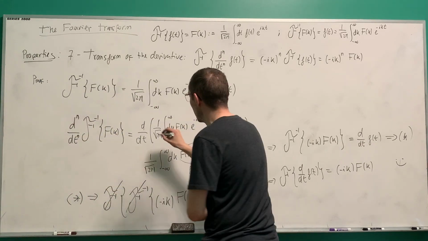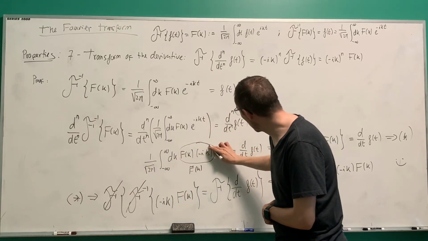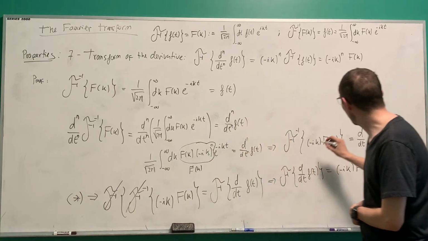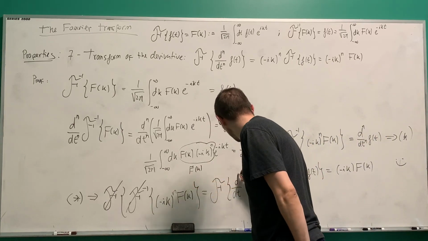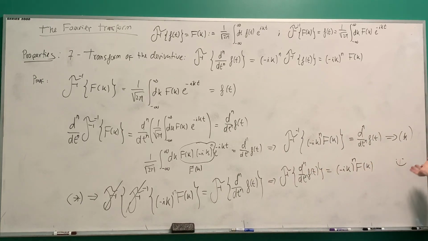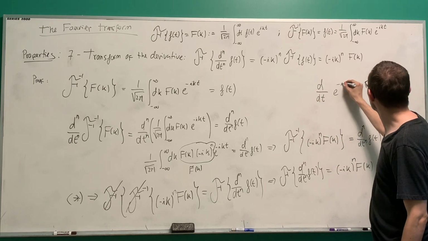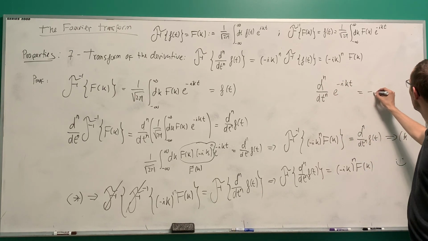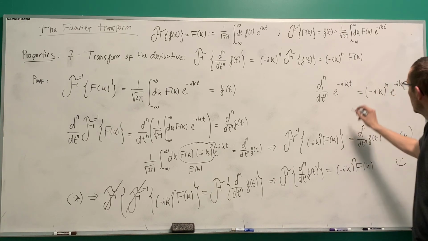The whole thing relies on the fact that if I hit with d dt n times, all that I get is minus i k to the n, e to the minus i k t.